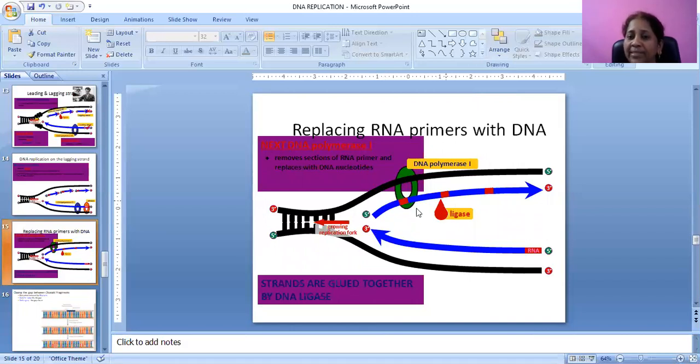So some of the RNA primers are removed and replaced by DNA nucleotides by DNA polymerase I in this diagram. The RNA primers are removed and replaced with DNA nucleotides, and again these are glued with DNA ligase.